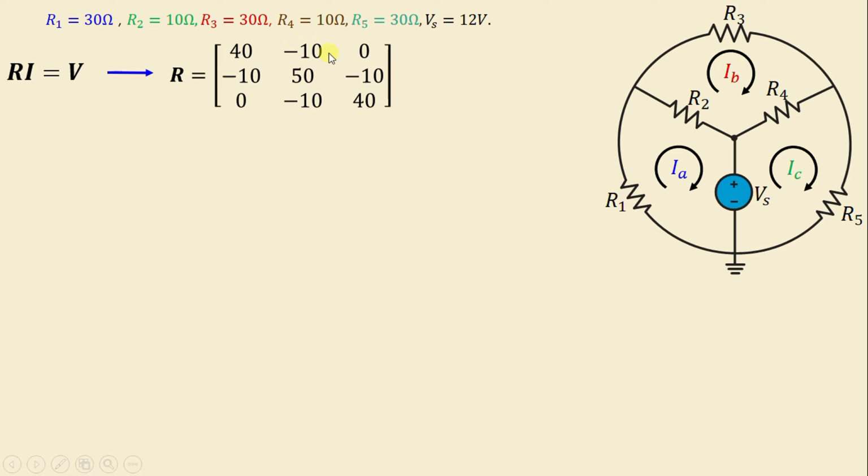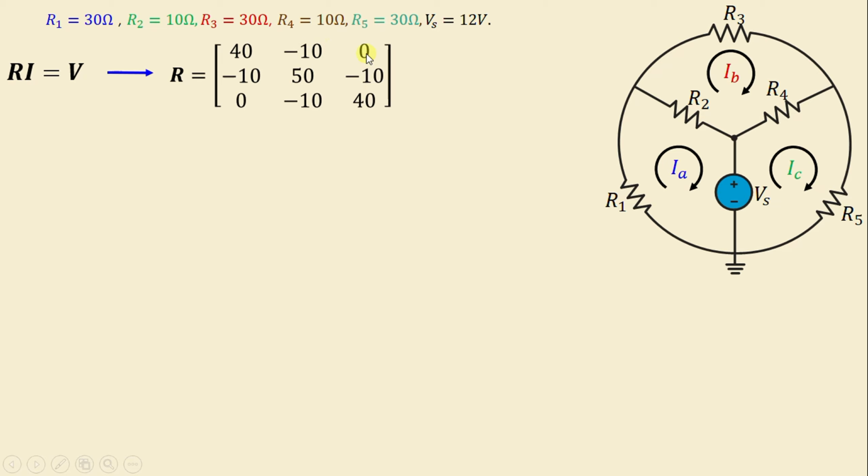We have now R12 and R21, the negative of the sum of the resistances in common with mesh 1 and 2. We can see here this is mesh 1 and this is mesh 2. The common resistance is R2. We have negative 10, negative R2.